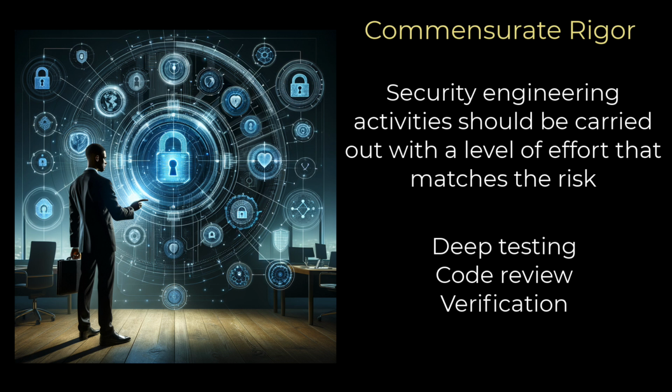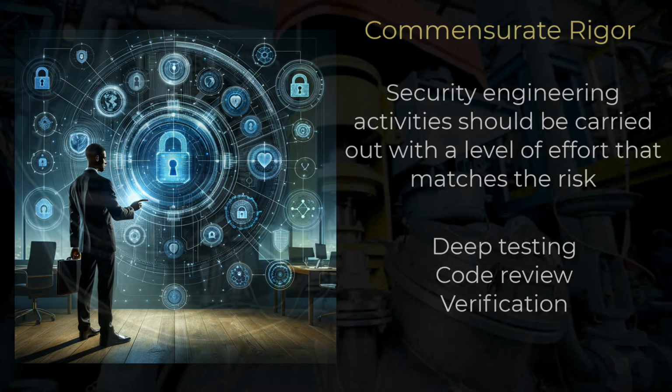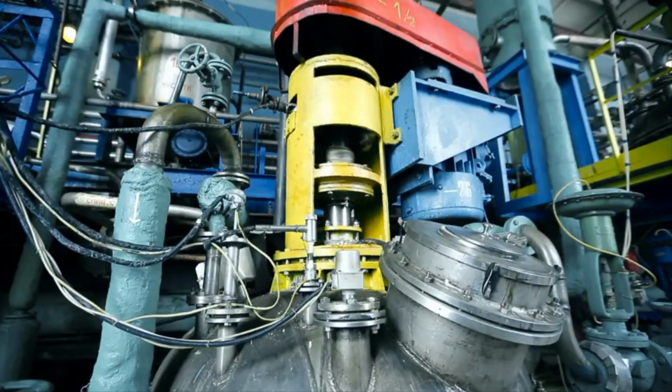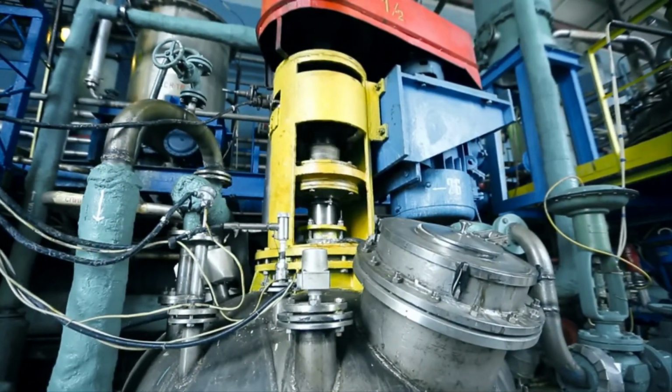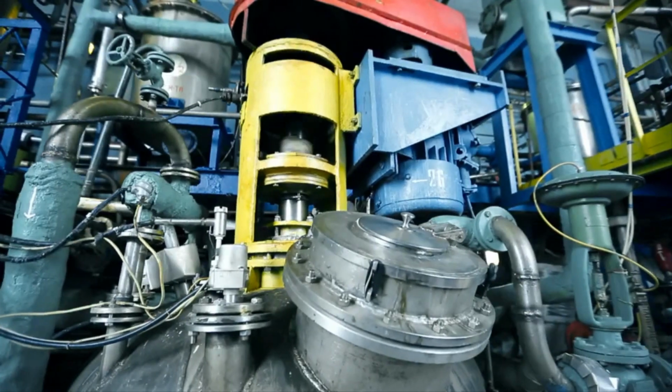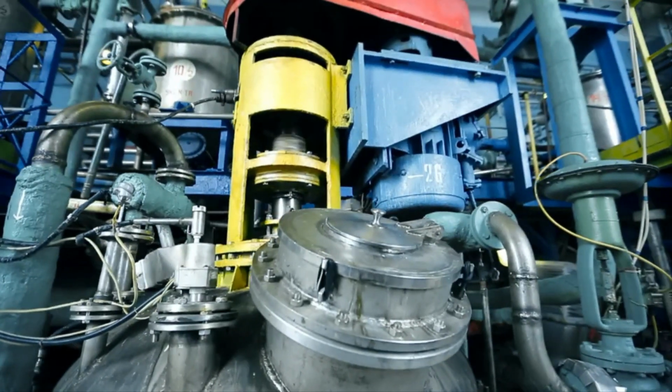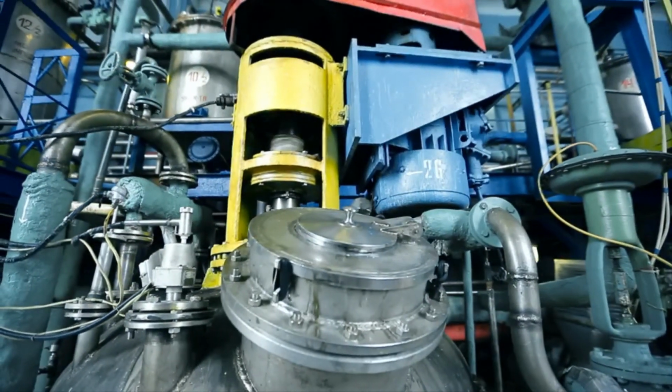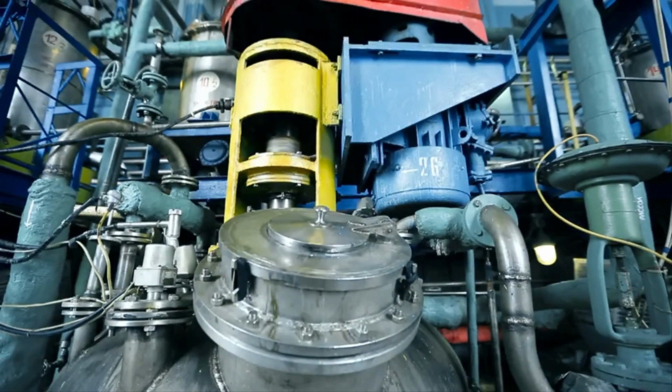For lower criticality systems, lightweight methods might suffice. This principle posits that our engineering process and assurance depth should scale with the required trustworthiness. For example, for a nuclear reactor control software, one would insist on mathematical verification and extensive test evidence, high rigor, whereas for a low-risk internal tool, basic testing and best practices might be enough.